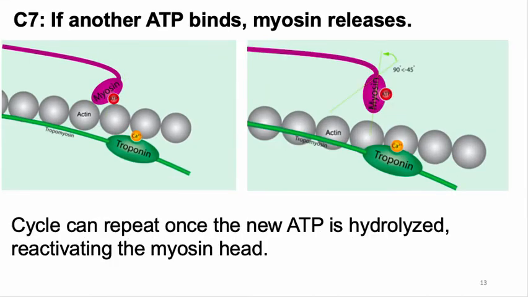However, if you have another ATP bind, that allows, remember, proteins, when things bind to them, they can change shape. In this case, the binding of ATP leads to the myosin head changing shape slightly. This bond between actin and myosin is broken, and then this cycle can repeat again.